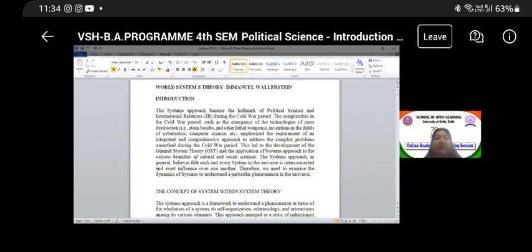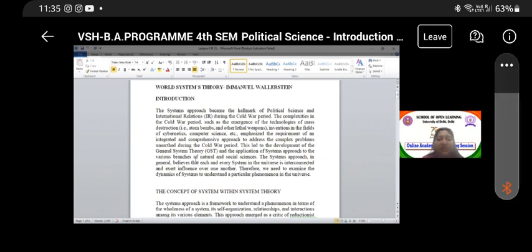It was not that only political scientists developed this kind of approach. The systems approach was a general framework developed by a biologist, and so in natural sciences like biology, chemistry and physics, there is applicability and usage of this systems approach.